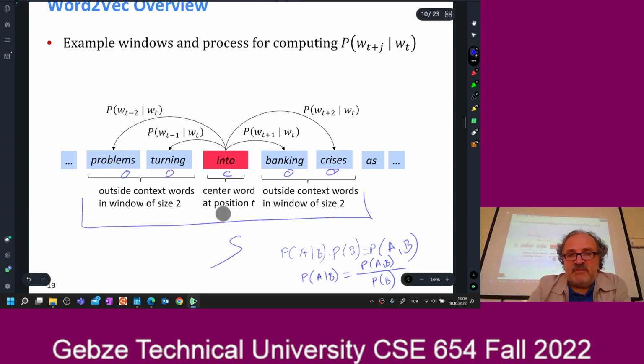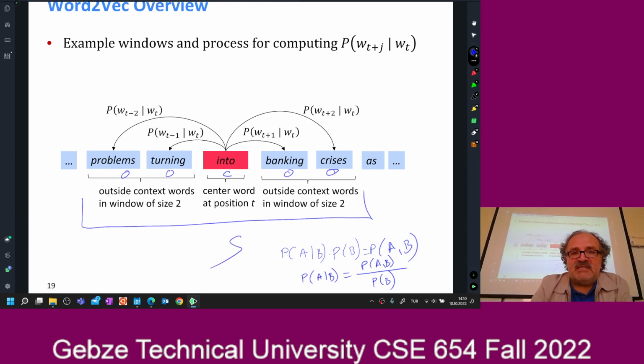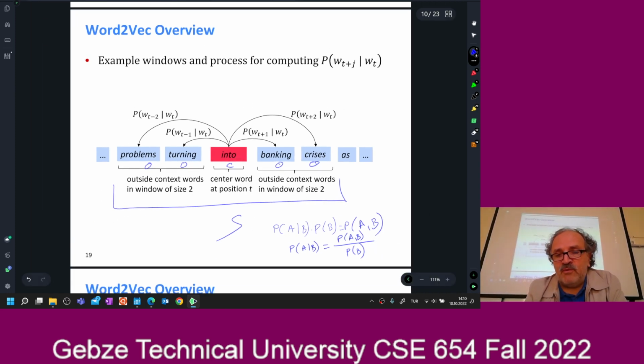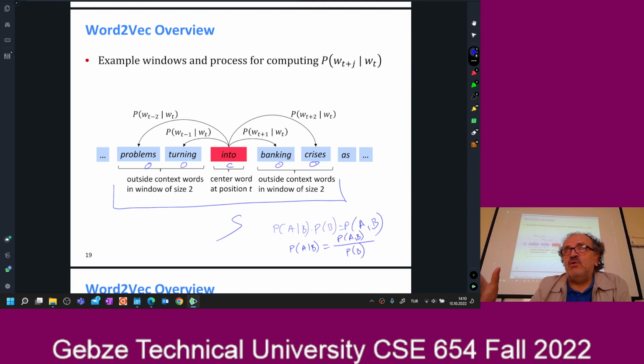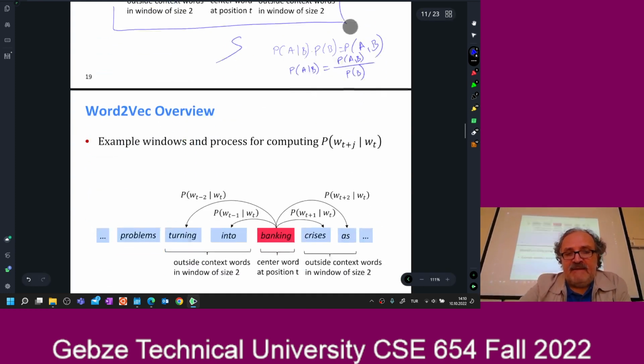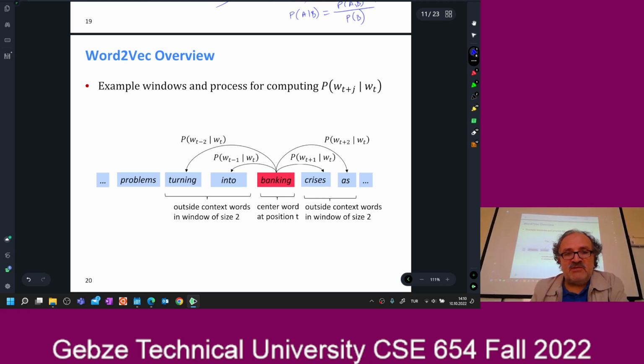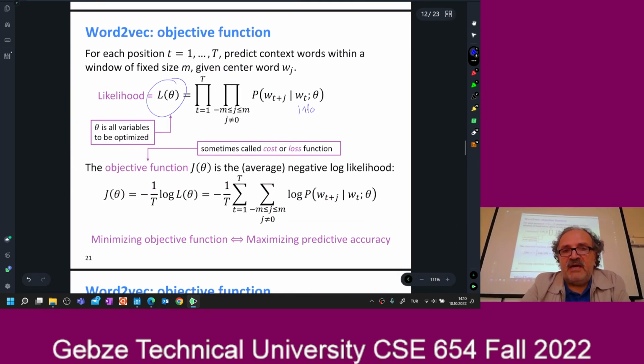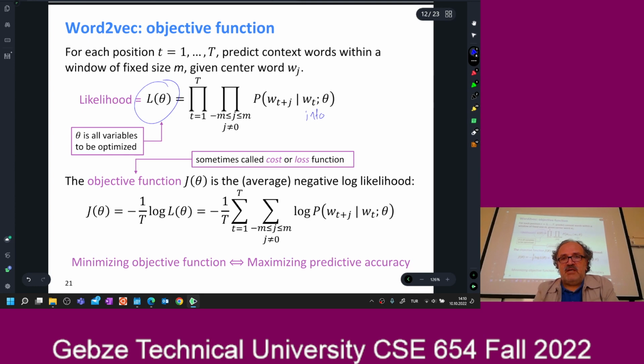This is the center word at position t, and the rest are the context words. Let's assign vectors to each of these words and use those assigned vectors in this probability calculation so that this probability turns out to be high. That's what we are going to do.